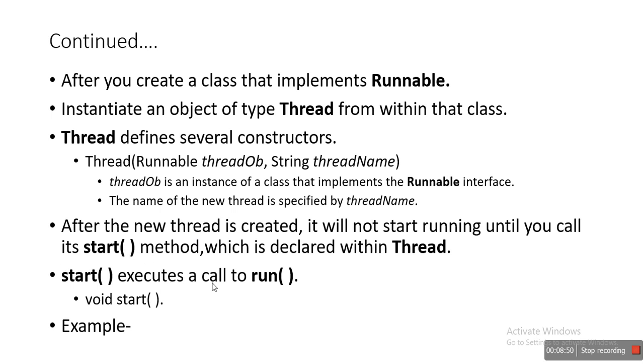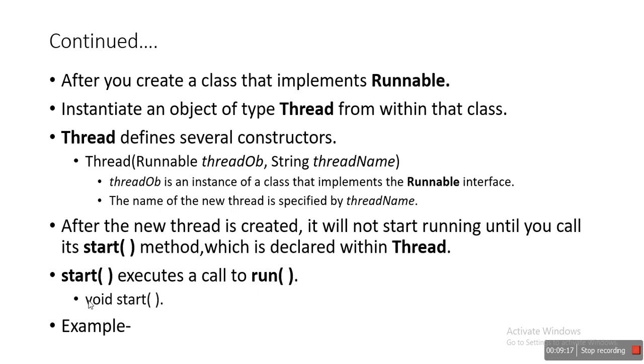Now start executes a call to the run method, meaning once you call the start method on that particular thread, the actual execution starts. So when execution starts, the run method is implicitly, automatically called, meaning the run method is executed.